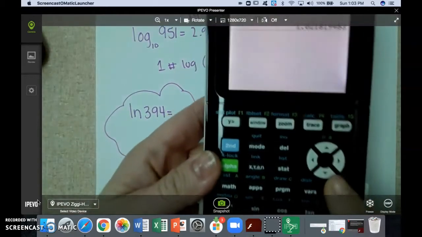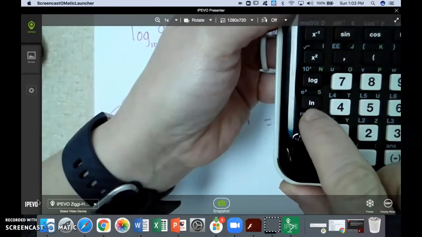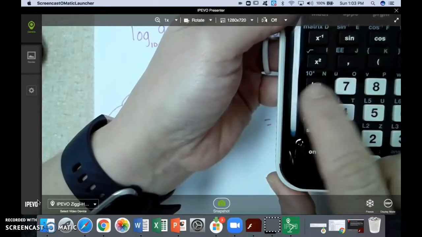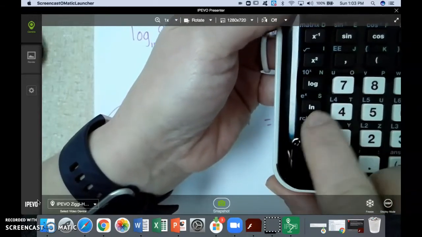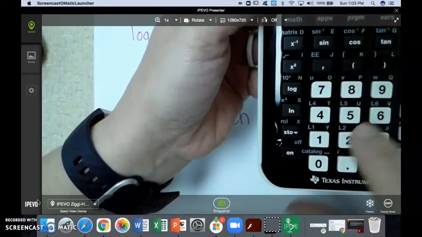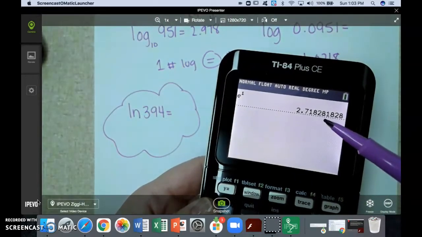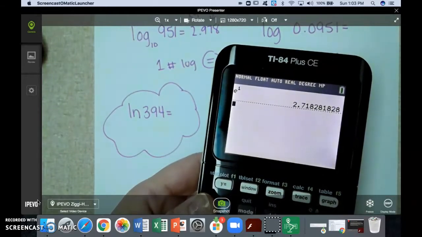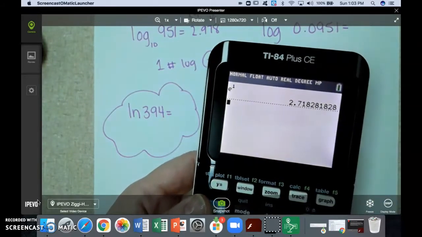So if I show you here on the calculator, this natural log button, this LN, has an E here, where log, we know base is 10. Okay, so that's how I kind of cheat and remember. So E is this number, 2.7182812 and so on. Okay, so we don't really care, but we're going to use it eventually.